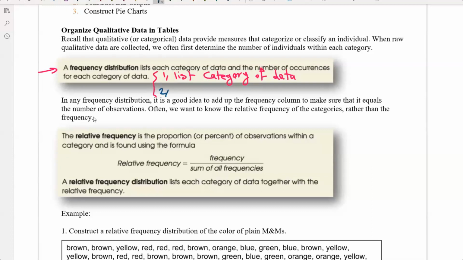And step 2, we have to count how many times we have for each one. So list the number of times for each category of data.